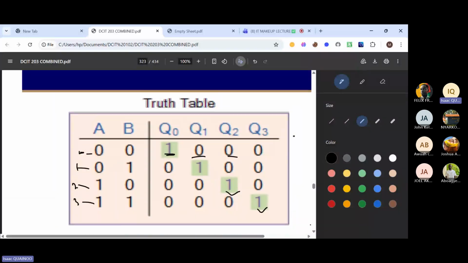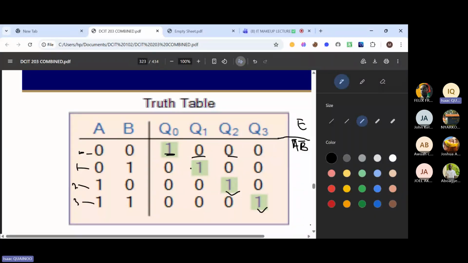So let's create an additional field here and call that the Boolean expression. For Q0, we can see here that only Q0 is high when A is 0 and B is 0. And we all know that when A is 0 and B is 0, it corresponds to A prime and B prime.